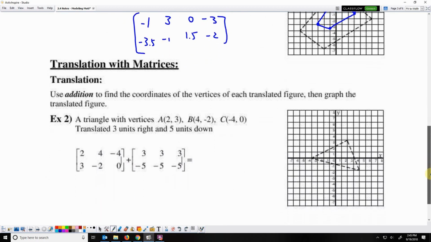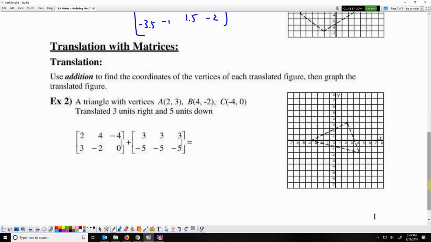So next we're going to do translations with matrices. The translation is a shift. Sometimes people call it a slide. So we're going to translate a triangle with these 3 vertices, same as the first problem, 3 units right and 5 units down, and to do that we are going to use addition. So we are adding 3, -5 to all of these coordinates.